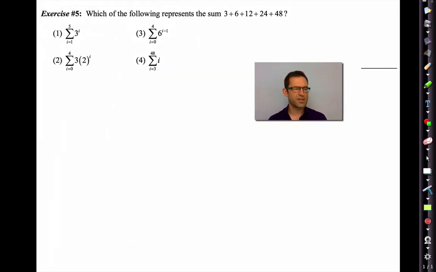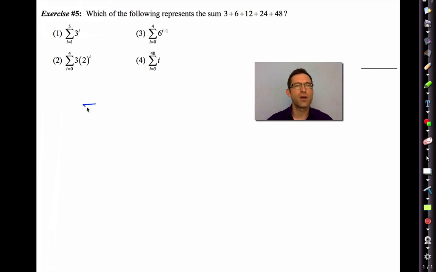So, exercise number 5. Which of the following represents the sum 3 plus 6 plus 12 plus 24 plus 48? Pause the video. See if you can figure out which one is the correct representation. All right, well, this is relatively straightforward because we can literally check every single one of them to see which one gives us that sum.